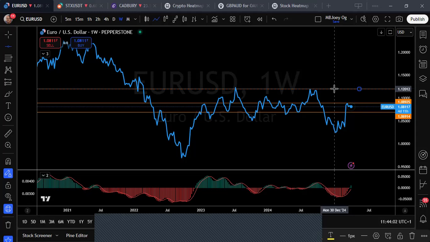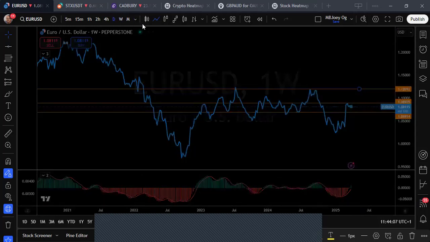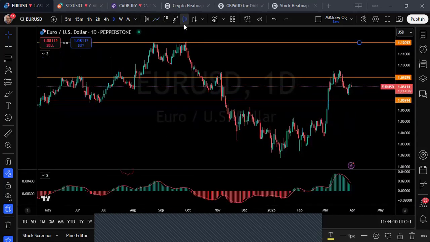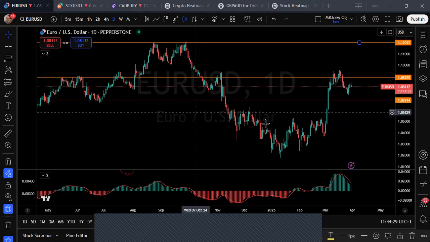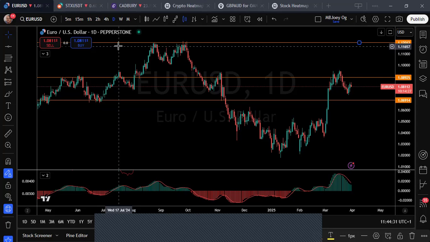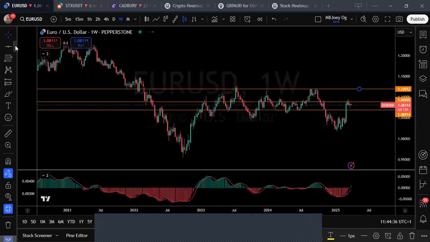So I'm going to just leave these three for now. Then we'll move to daily. Now, some of the drawings might be slightly different from the previous ones we've drawn. I get why I would have picked this, but I would have preferred something lower. But let's leave it. So we've seen that the market on the weekly time frame was heading downward.